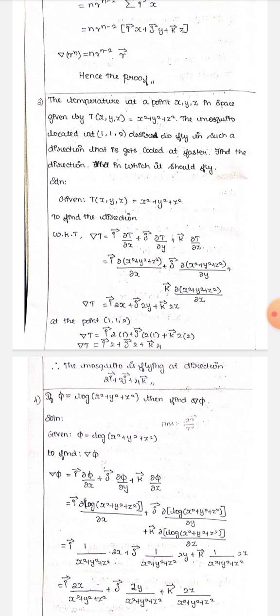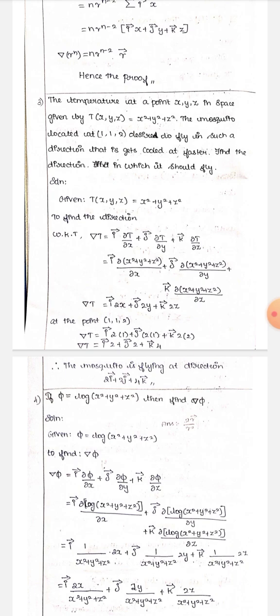Find the direction in which it should fly. This question says the mosquito is placed in a hot temperature room and decides to go to a cooler temperature. How do we find the direction?